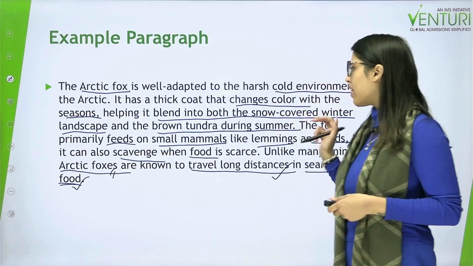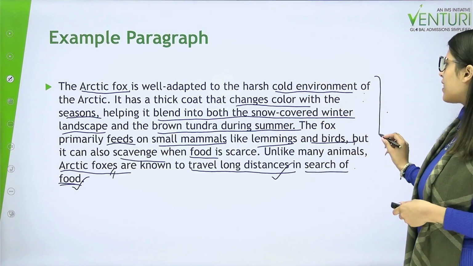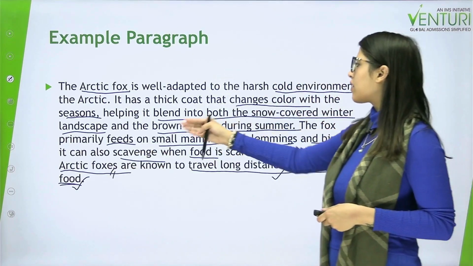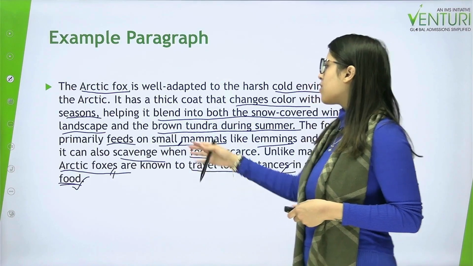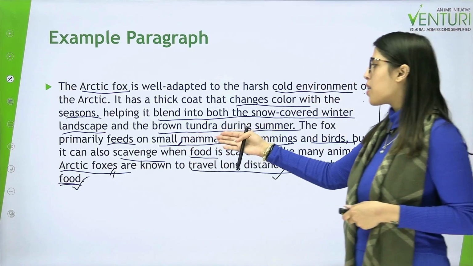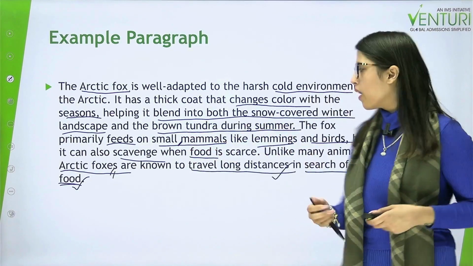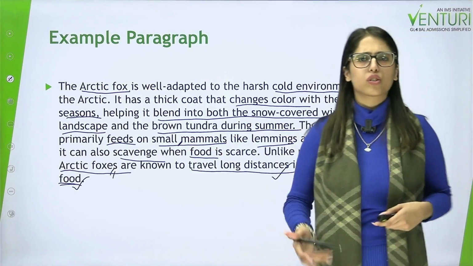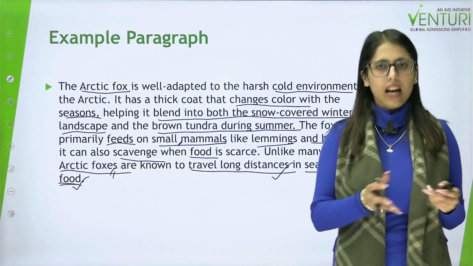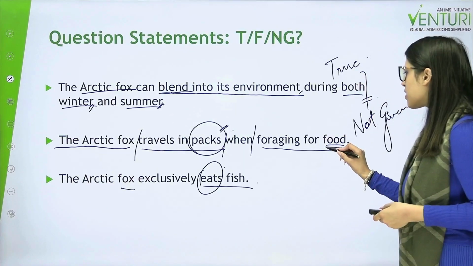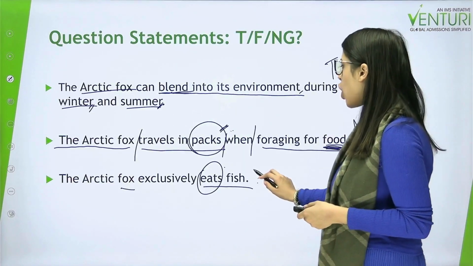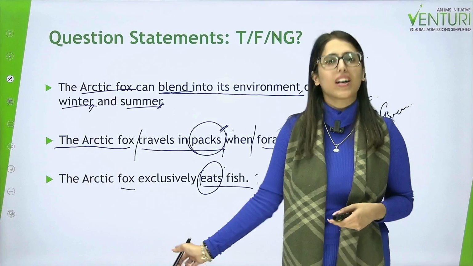All right. So here, if we see, they are telling us that this particular creature preys on these, right? So they are prone to eating small mammals like lemmings and birds. So they are definitely telling us what they are eating, and our answer here is not incorporating fish, which is a part of my question statement, right?